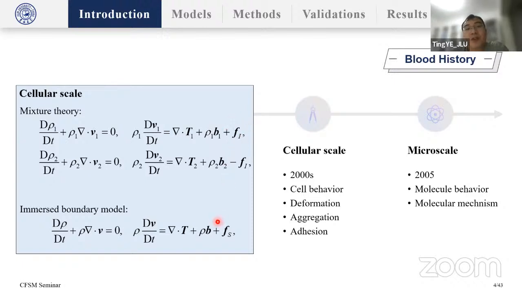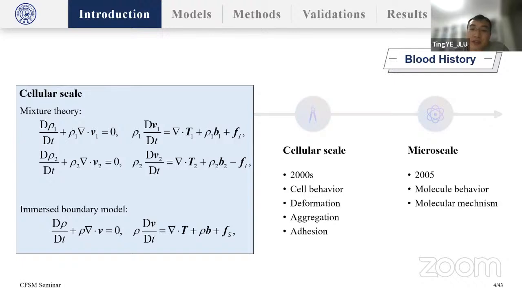The immersed boundary model treats the plasma and cytoplasm as a single fluid, and the cell membrane is treated as an immersed boundary. The interaction between them is described by the force Fs. Compared with these two models, the mixture theory can simulate a huge number of cells, but cannot describe the cell behavior. On the contrary, the immersed boundary model is able to couple the cell behavior, but cannot simulate a huge number of cells due to the computational costs.